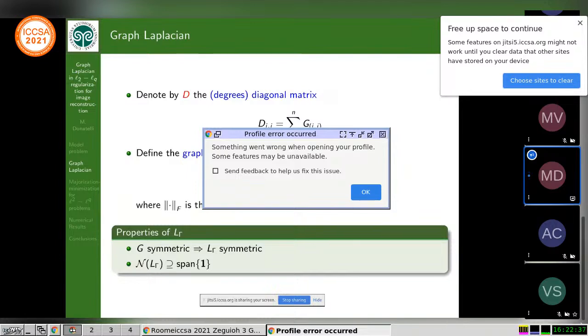As said before, since we will consider an undirected graph, the matrix L is symmetric, and we know from the theory that, since it is stochastic by columns, the null space of the operator L is just the span of the constant vector. So in the Tikhonov regularization, we can reconstruct exactly the constant functions since they are not damped.